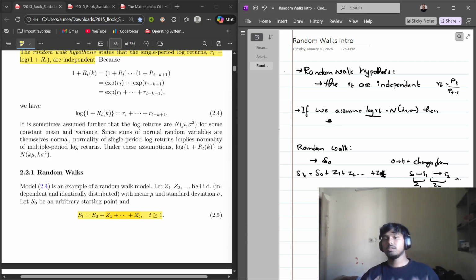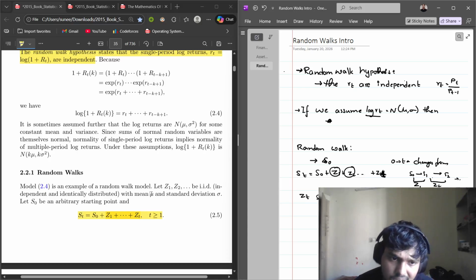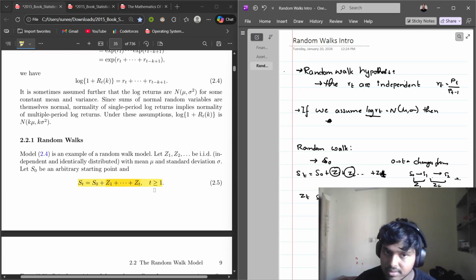This is a random walk, and we try to find Z_T so that we can approximate S_T.